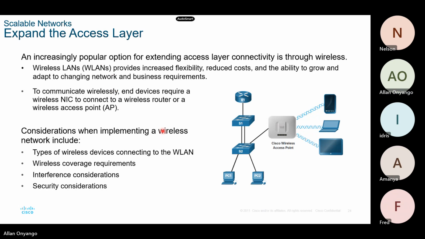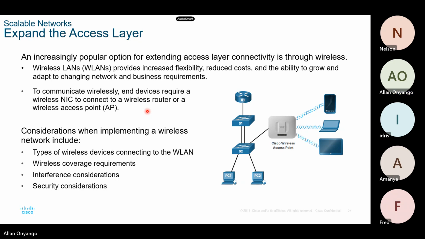So when you have a wireless network, some of the devices that only have a wireless NIC, that are called wireless devices, will be able to access the internet, and we won't need to make devices only use cable to access the internet or the network.